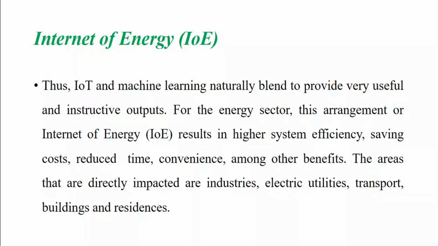For the energy sector, the power sector, this arrangement of the Internet of Energy results in higher system efficiency, cost saving, convenience and many other benefits. The areas that are directly impacted are industries, electrical utilities, transportation systems, buildings and residences.